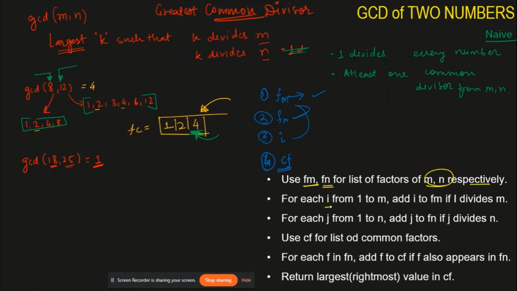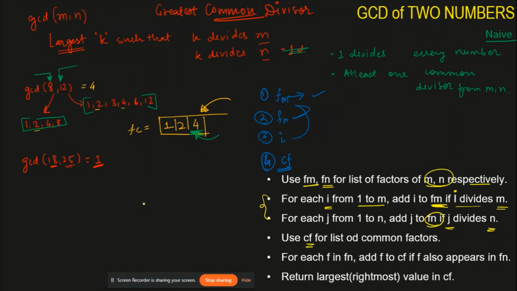Then for each i from 1 to n, we calculate the factors. If i divides m, then we add it to fm. Similarly, if j divides n, then we add it to fn. So this is the calculation of factors. Then we calculate the common factors.